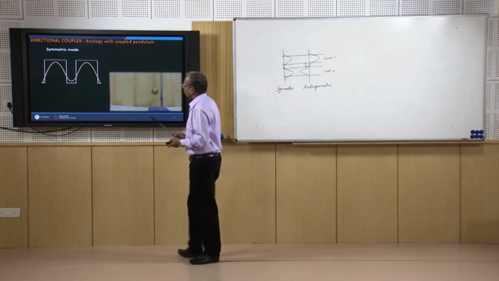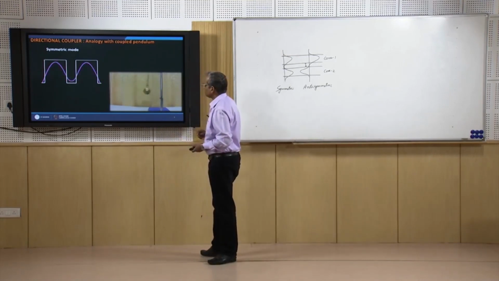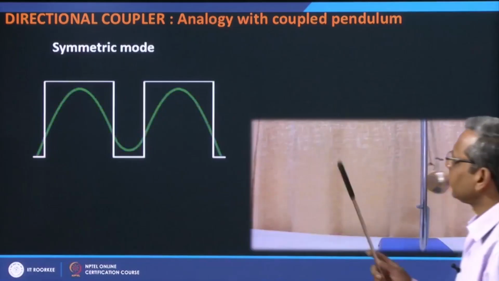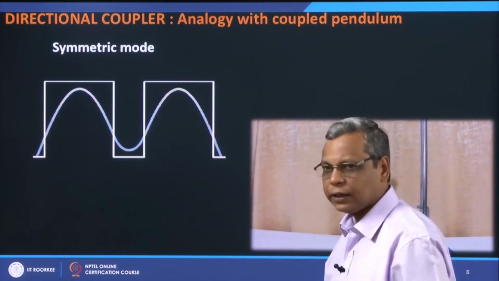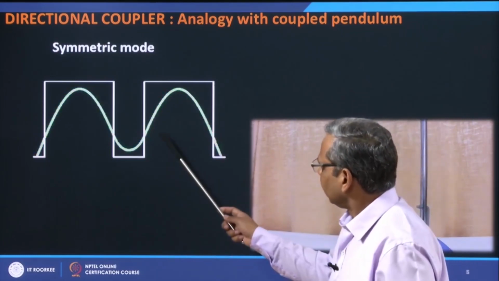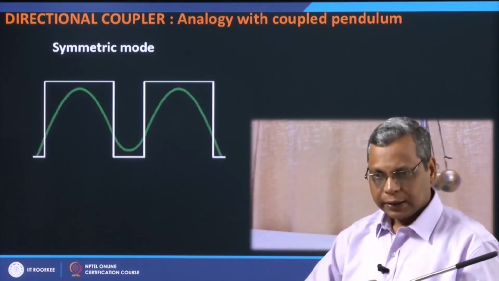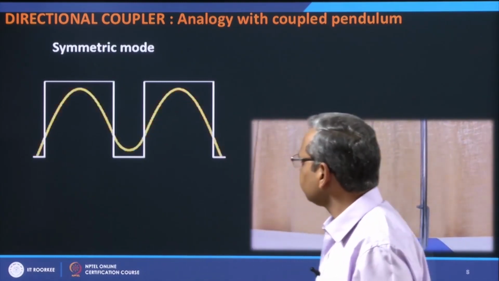So, if you look at the actual picture, then this is the symmetric mode. This color is changing, it indicates that the power is going along the length of the fiber, along the length of the directional coupler.